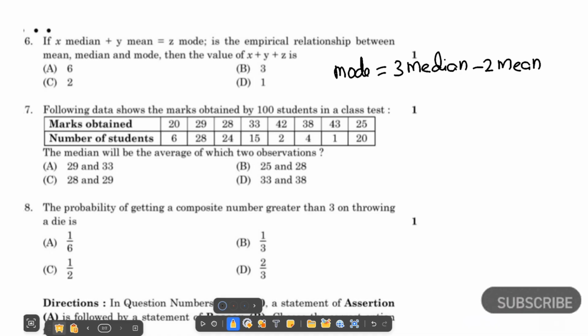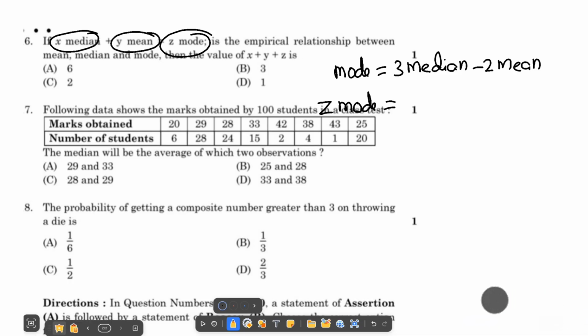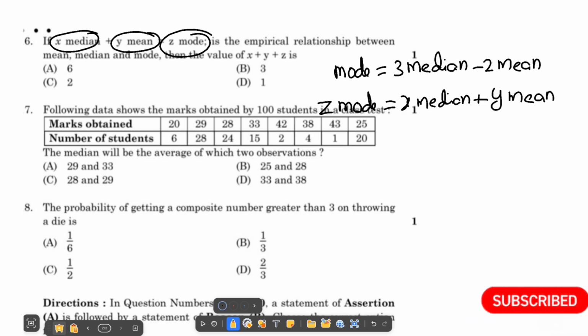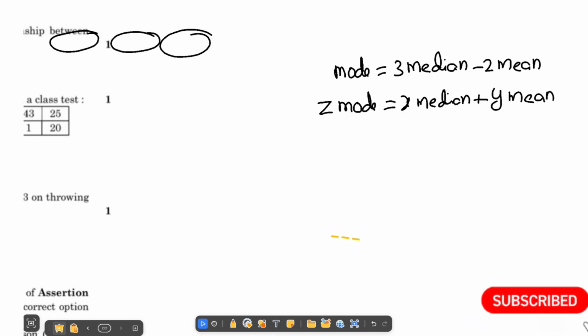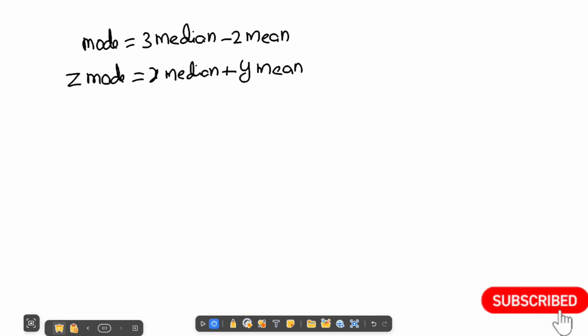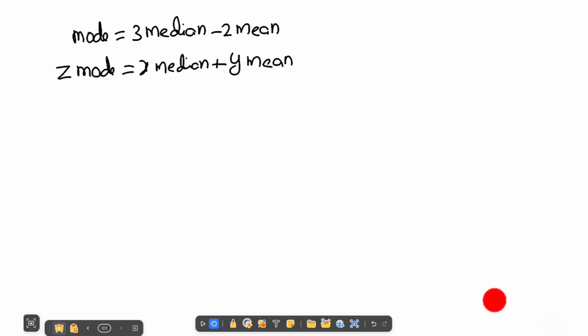But what is given? Let us write z mode equals x median plus y mean. So let's compare these two things, then we will get x, y, z.